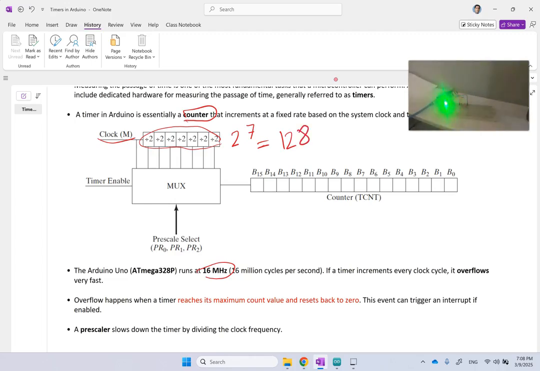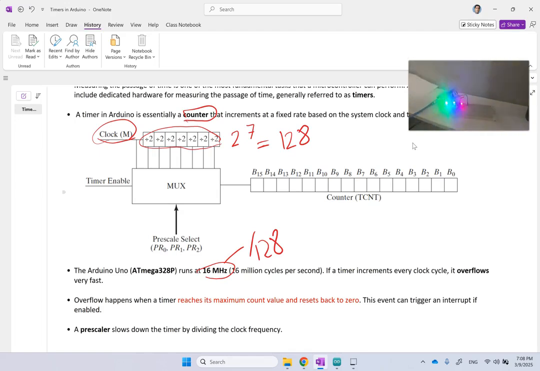So if you use a prescaler of 128, that is like dividing that speed of 16 megahertz by 128. So now your frequency is smaller, still quite a bit higher than 1 millisecond. I'll show you what you exactly need to do to get 1 millisecond, but basically, we are going to slow down the clock a little bit.